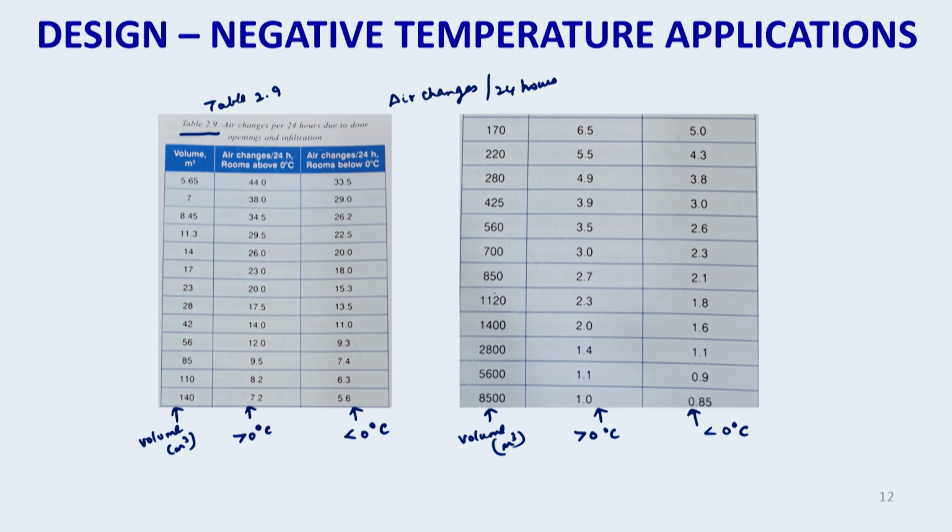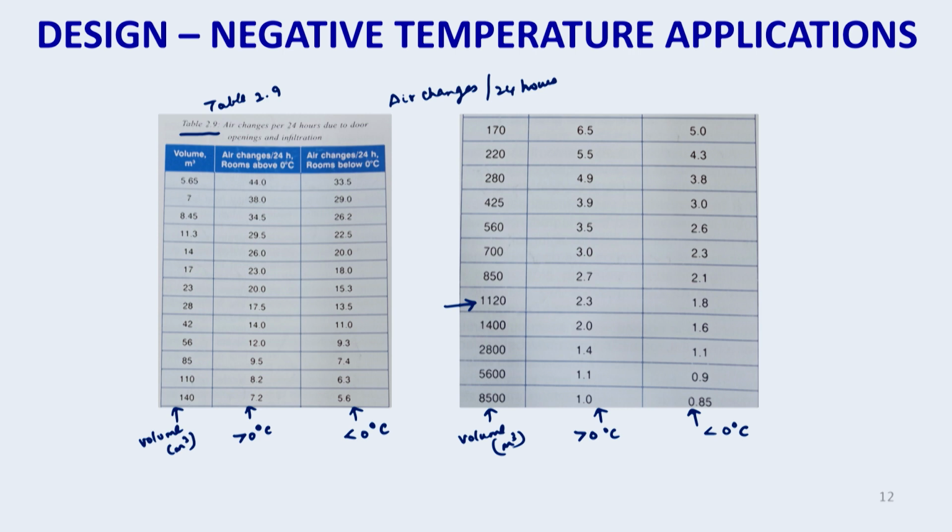The calculated volume is 910. The nearest value to 910 meter cube is this value, 1120. We should not take the value of the middle column, as that is only for positive temperature application.